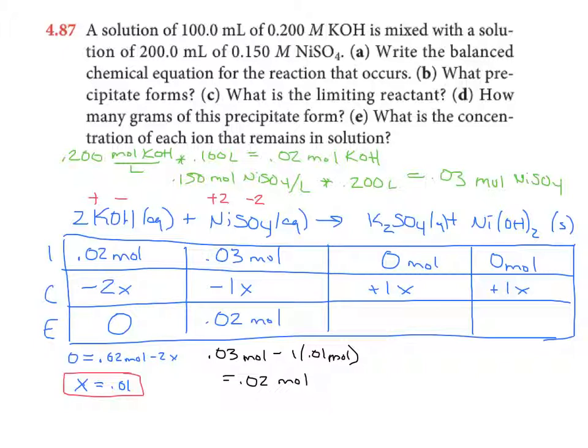Okay, applying the same idea, if I know that this is increasing by 0.01, that tells me how much product I have at the end. So how many moles of each of the products should I have? 0 plus 1x.